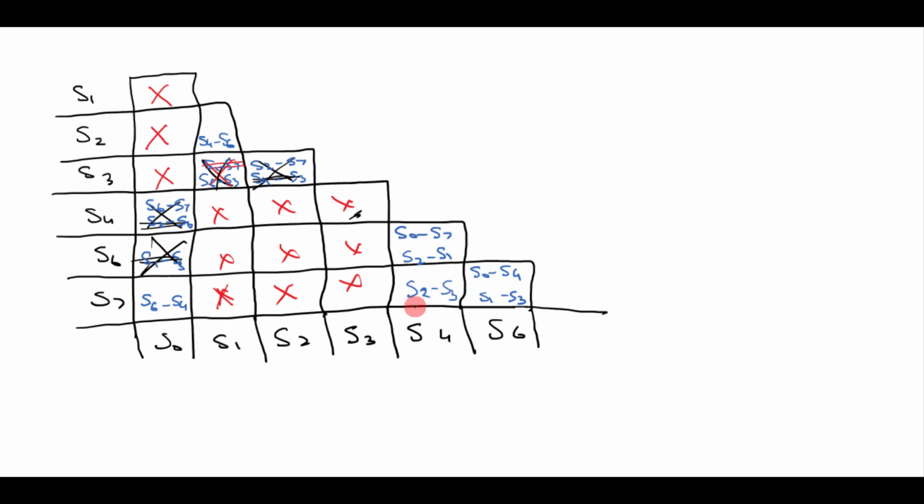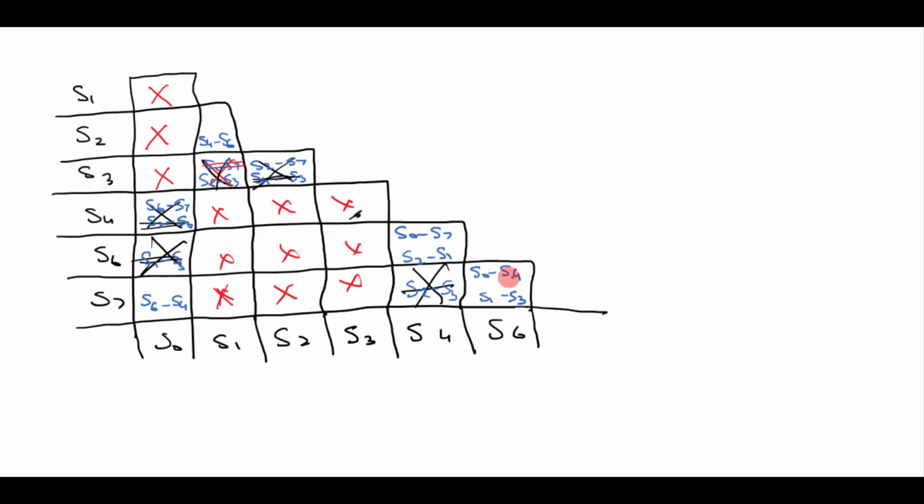Let us check S2 and S3. Because these two states cannot be equivalent, this pair cannot be equivalent. If this pair cannot be equivalent, S4 and S7 cannot be equivalent. So I am putting another cross here.